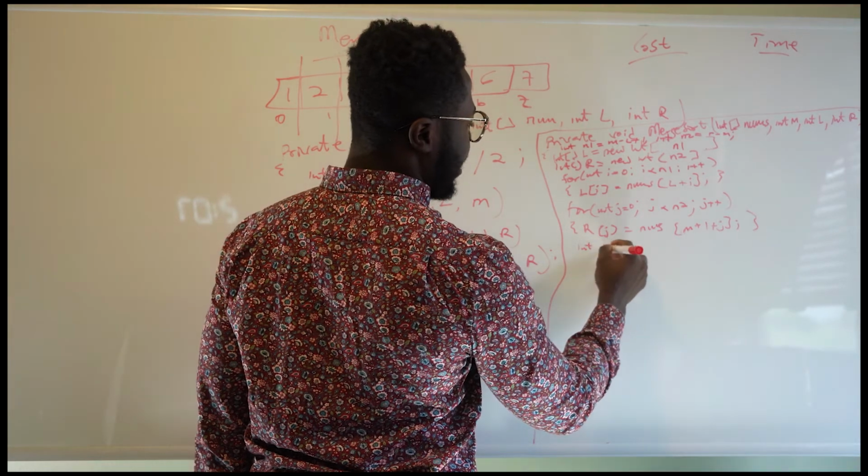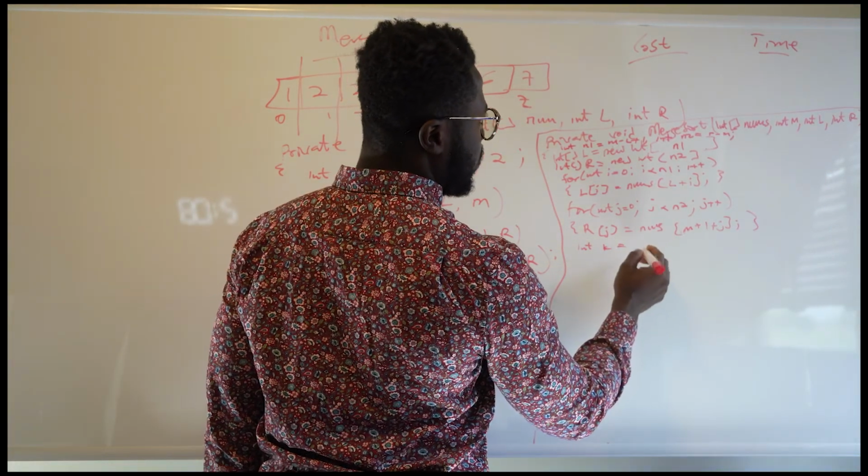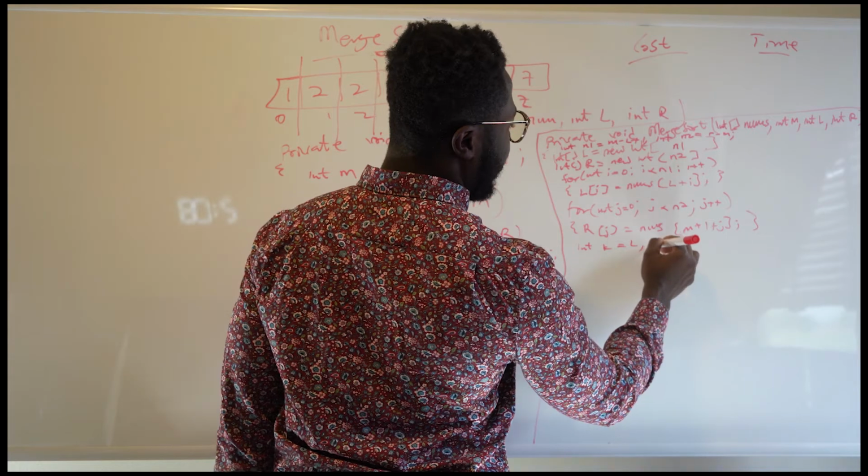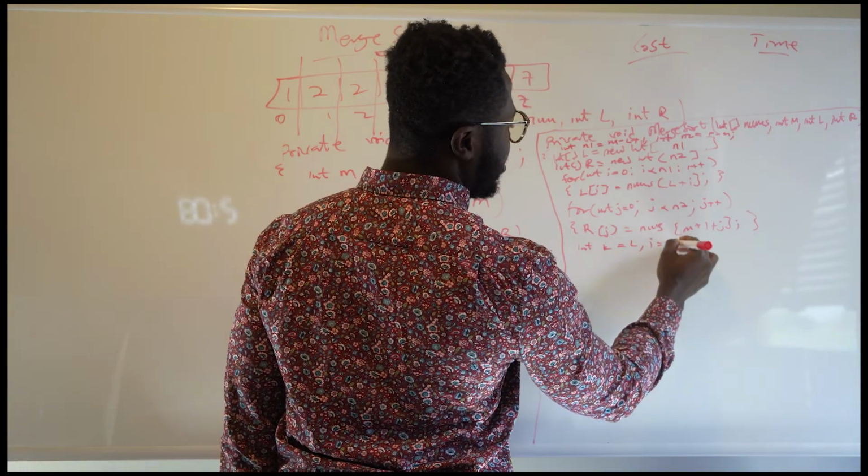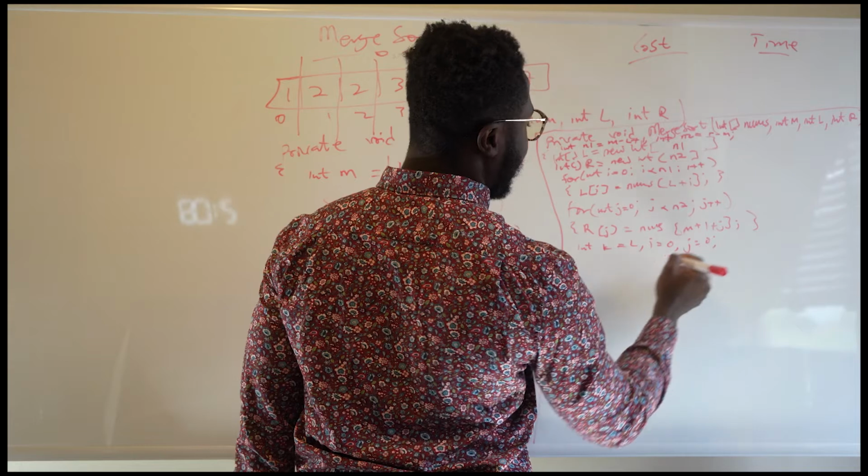So we have our int k equals to l, and we have i equals 0, j equals 0, right?